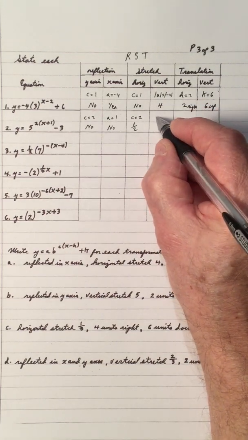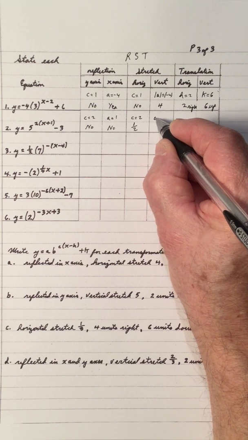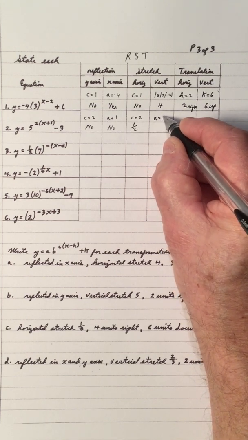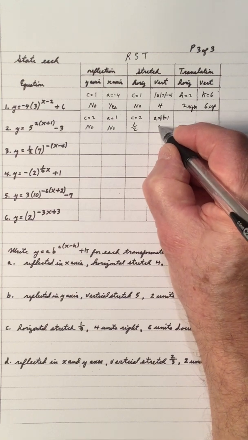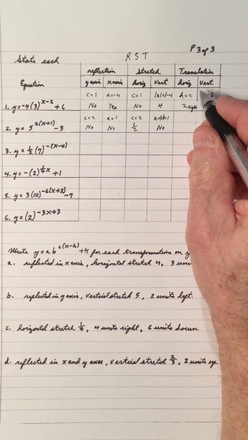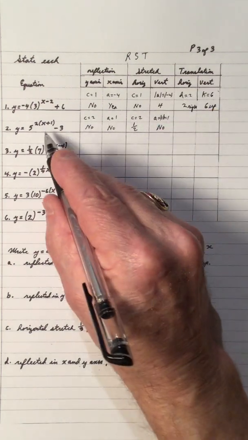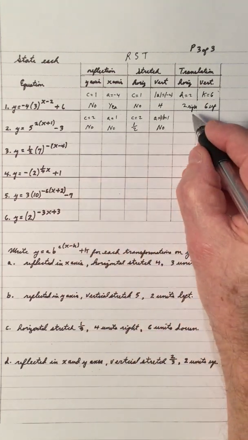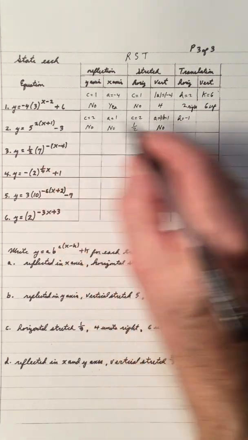And the vertical stretch is the value of the A. So A is 1, so the absolute value of 1 is 1. So there's no vertical stretch, no change. And the horizontal translation: notice that h is equal to -1, always the opposite.